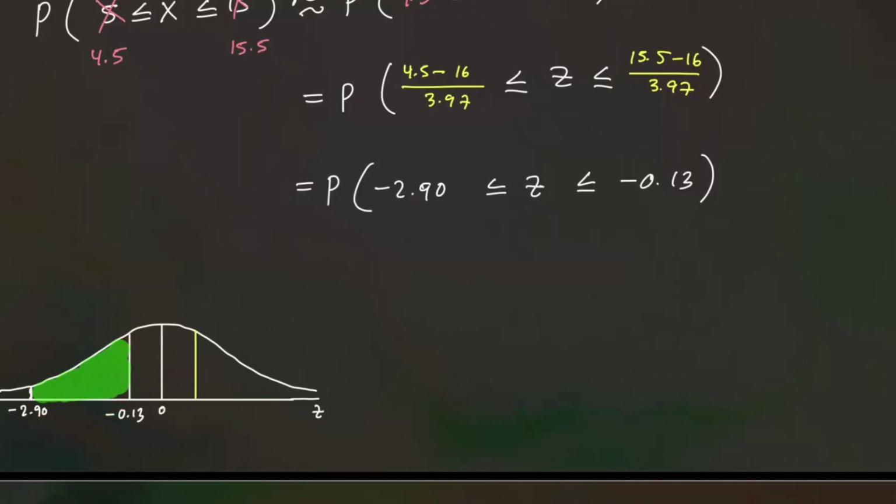We're reflecting it about the mean. So this will be positive 0.13. And negative 2.90 will be somewhere up here. It'll be positive 2.90. So instead of finding the area of that green on the left side, it's the same thing as finding this area right here on the right side, because by symmetry both regions contain the same area.